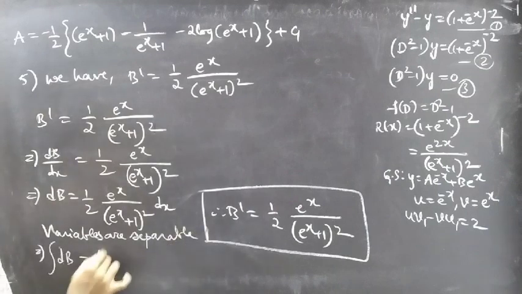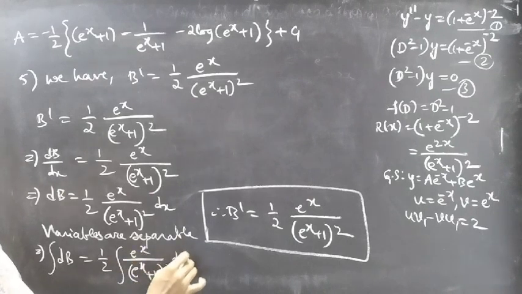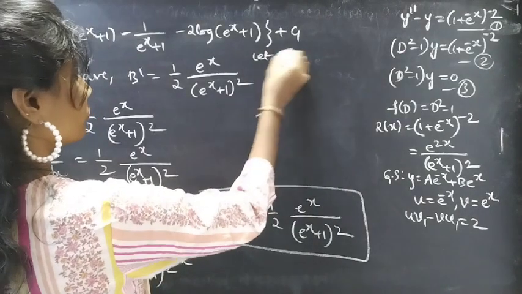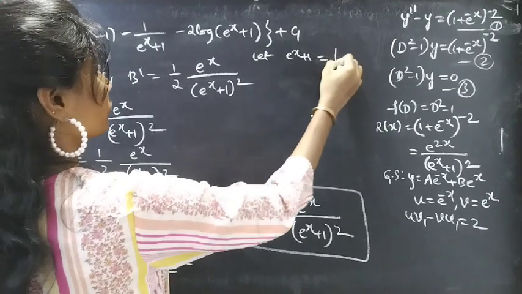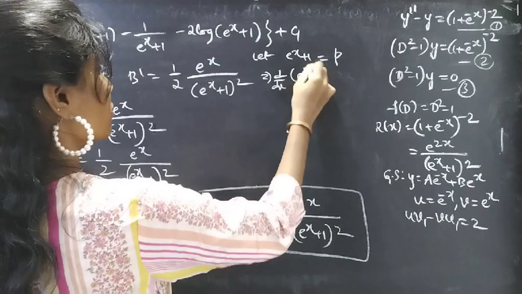Integral db equal to 1 by 2 integral e power x by e power x plus 1 whole square into dx. Let e power x plus 1 equal to some p. Now differentiate on both sides with respect to x.